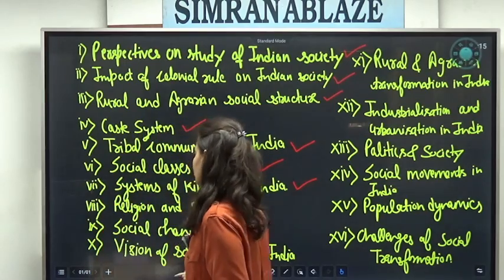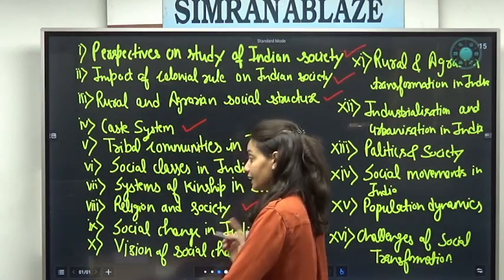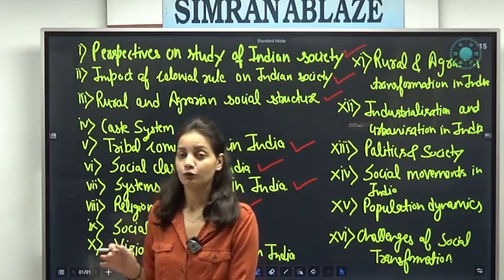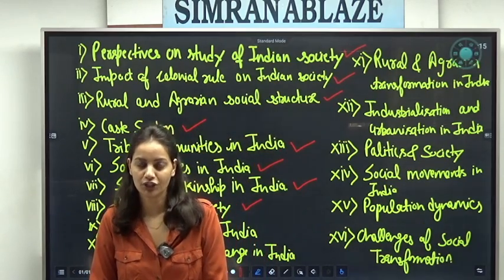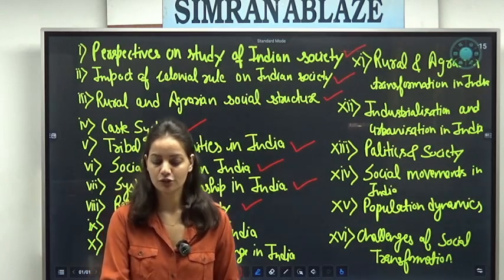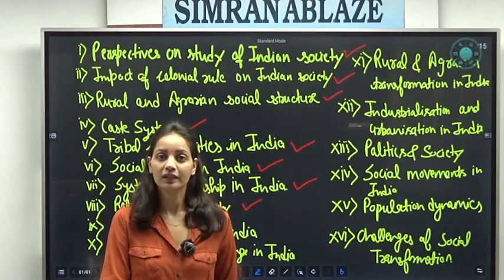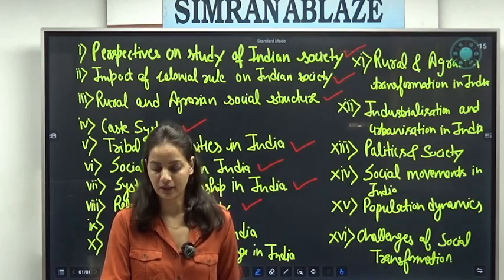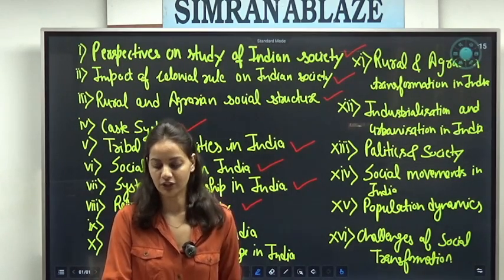Our next chapter is religion and society. Again, this is also a chapter which is mentioned in paper 1 of Sociology, but here everything that we study would be specific to Indian society. We study about various religious communities in India and the problems of religious minorities.